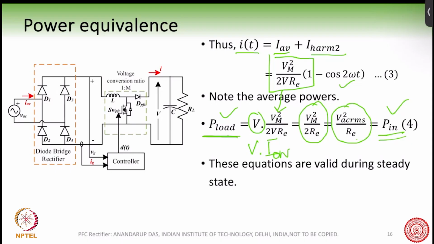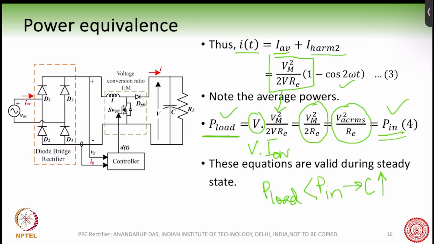If we do not have this condition satisfied, for example, if you have P load less than P in, what will happen? The capacitor voltage will start to rise, because it will absorb more energy than it can deliver.